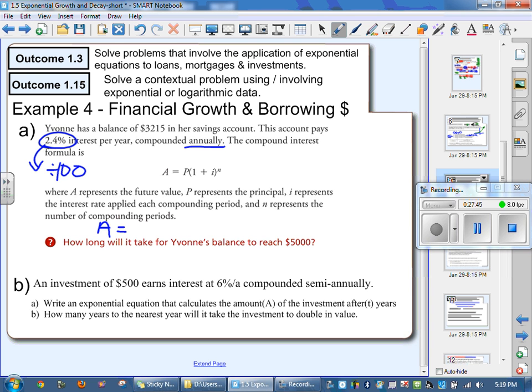$3,215 in our account. I'm going to have 1 plus, you changed your 2.4% to a decimal, 0.024, now exponent x or n. Doesn't matter if you use n or x. Now the question's asking us, how long is it going to take the balance in her account to reach $5,000? So again, we've got to realize, am I solving for an x number or a y number?